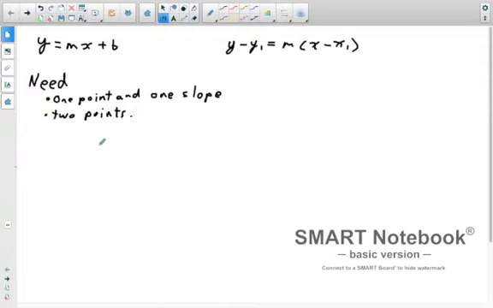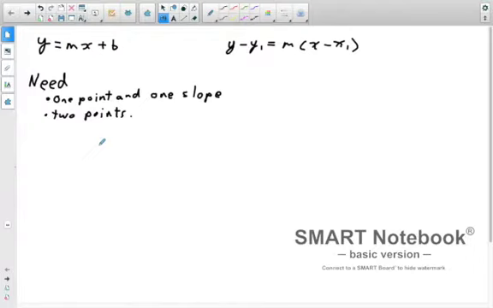Now, the way this information is given to us can vary drastically, but let's look at two examples that work with our parallel lines and our perpendicular lines.